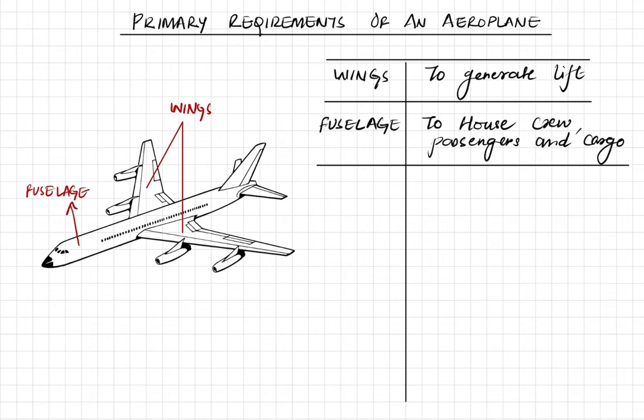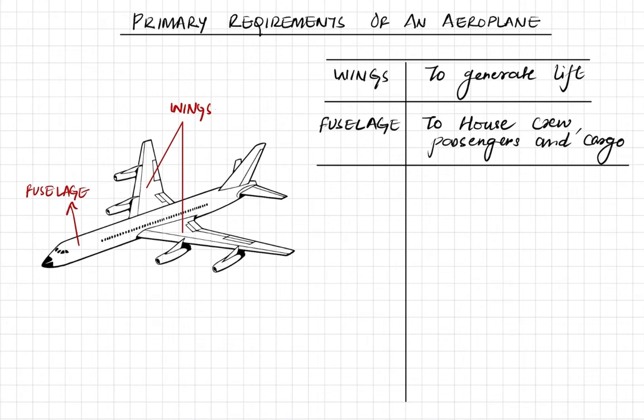The next requirement is called stability, and stability is an inherent quality of an aeroplane to return to its original position if it is disturbed by an external force, such as turbulence. It's basically a design characteristic, and just know that an aeroplane should be adequately stable, because without that it's very difficult or nearly impossible to fly an aeroplane.